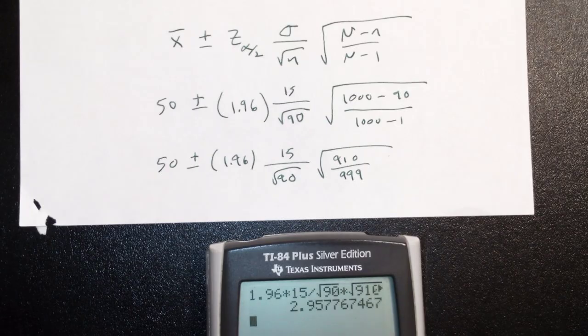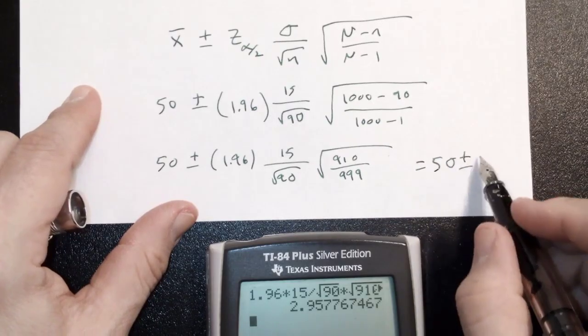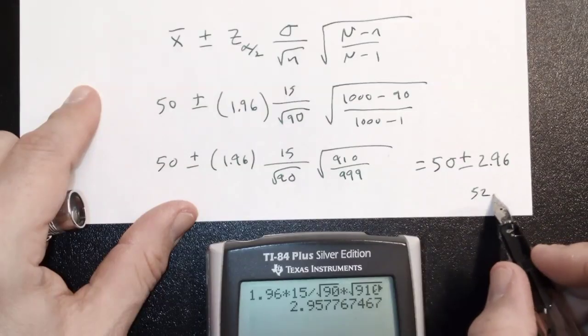I'll call it 2.96. So when I add, I get 52.96.